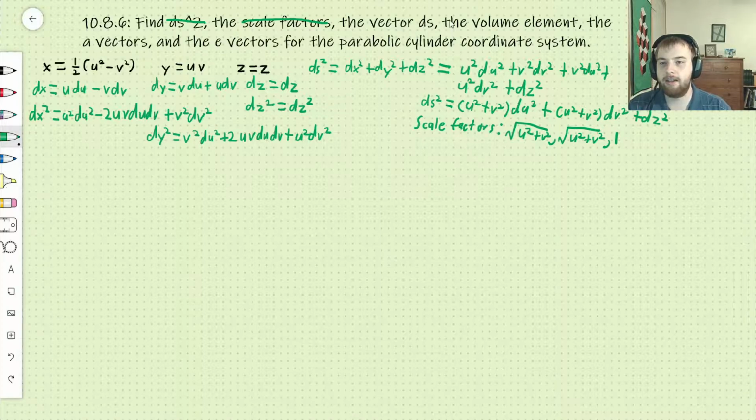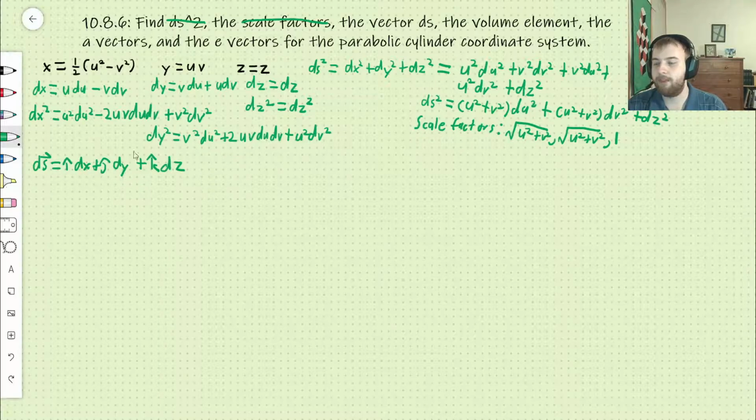To find the vector ds, this is a vector now, not just a square. The vector ds is going to be i dx plus j dy plus k dz. So we have everything we need to do this right now. We just need to substitute.